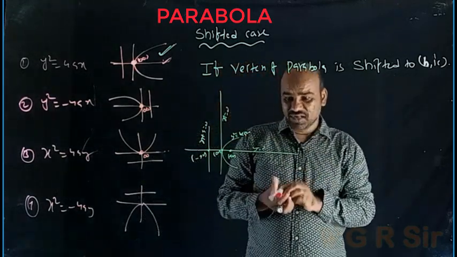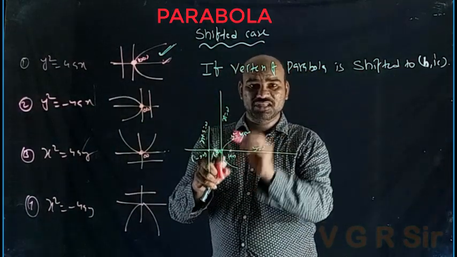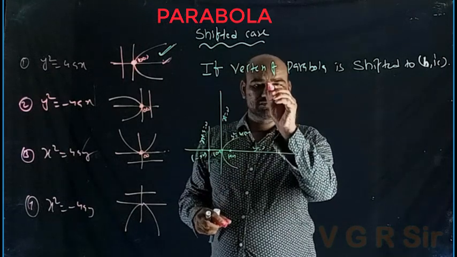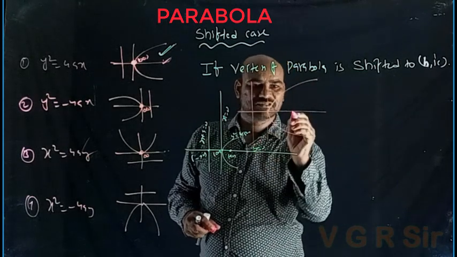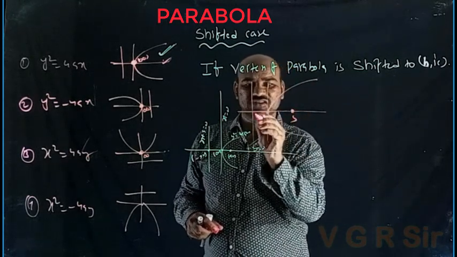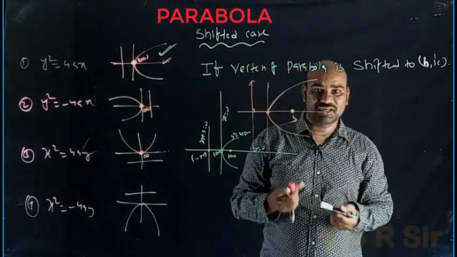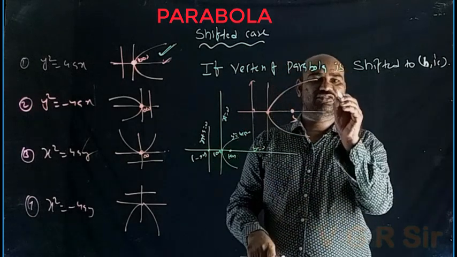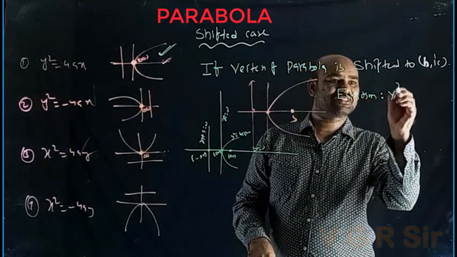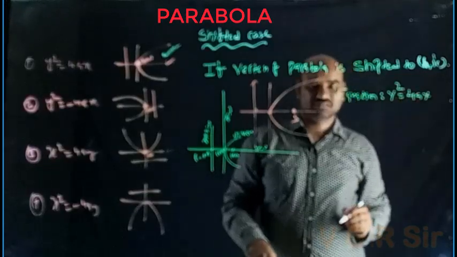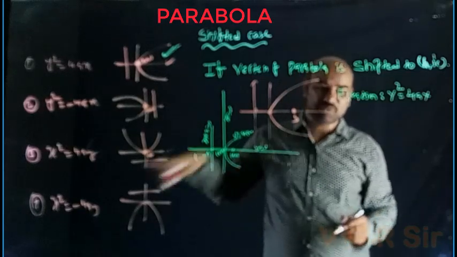So what happens now that the vertex of this parabola is shifted to h comma k? This becomes our new parabola. This is S, this is the origin, this is the focus, everything we want right now. Important case. First one, the equation. The actual equation is capital Y square equals 4a capital X. I clearly explained how to write the transformed equation and transformed point.